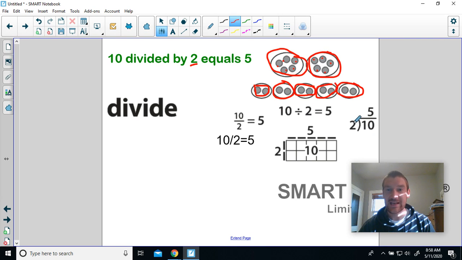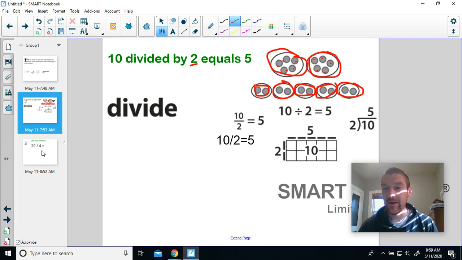But still, it says 10 divided by 2. And then you put the answer on top, which is 5. That's how long division works. And then here's kind of how it would look like in an area model. So 10, that would be like the area, the number that we're starting with, 10 divided by 2. So how many rows of 2 or how many in each row would it be? And it'd be 5, okay?